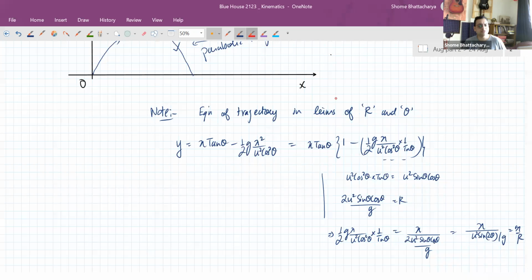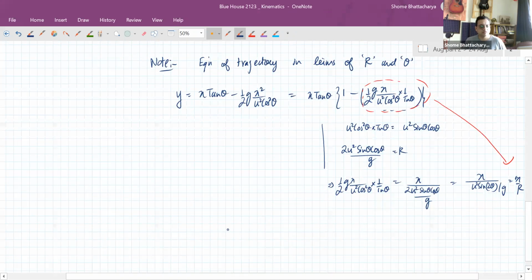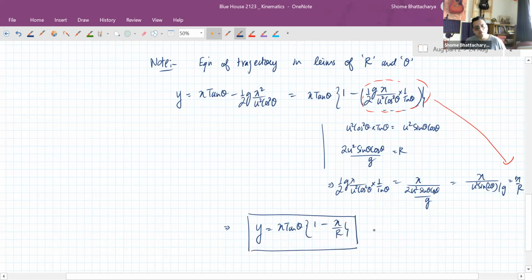So this whole second term can be directly written as just x by R. That makes the equation of trajectory a very simple equation in terms of capital R. It is x tan theta into 1 minus x divided by R, where R is the horizontal range, given by the formula u square sin 2 theta by g.